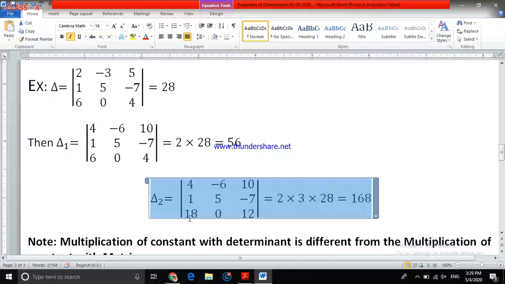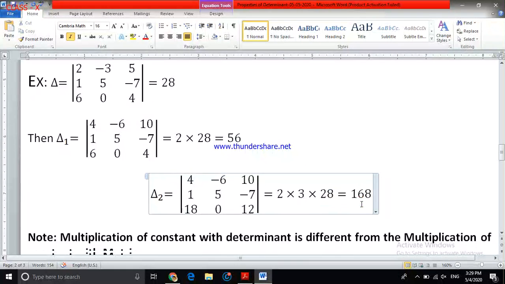That means we multiplied with 3. That's why here the determinant is 28, and here the determinant will become 2 into 3 into 28. Why 2 into 3? Because the first row is multiplied with 2 and the third row is multiplied with 3. So 2 into 3 into 28 will become 168. If you find the determinant of delta 2, you will get the answer 168.